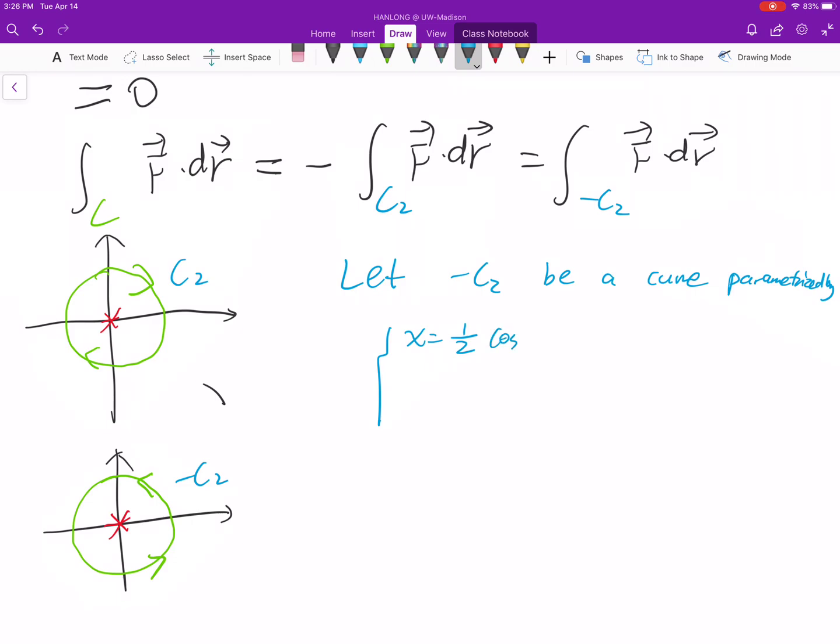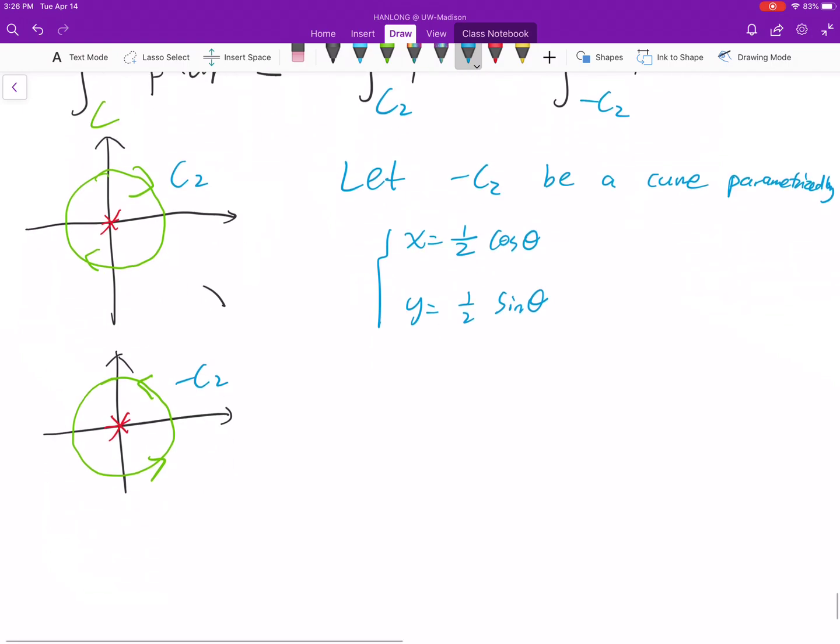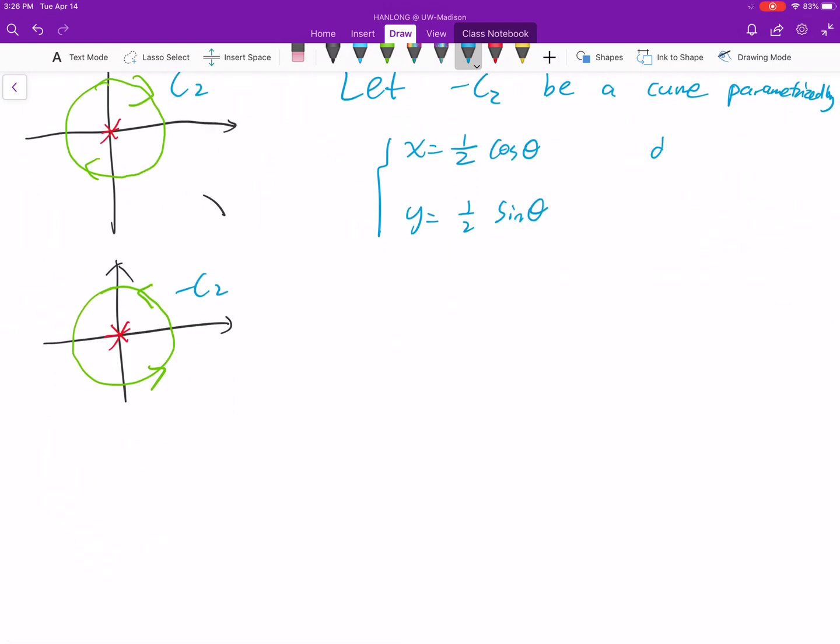So 1/2 cosine theta, y is 1/2 sine theta. Okay, and in particular dx d theta is 1/2 negative sine theta, dy d theta is 1/2 cosine theta. Theta is between 0 and 2 pi.